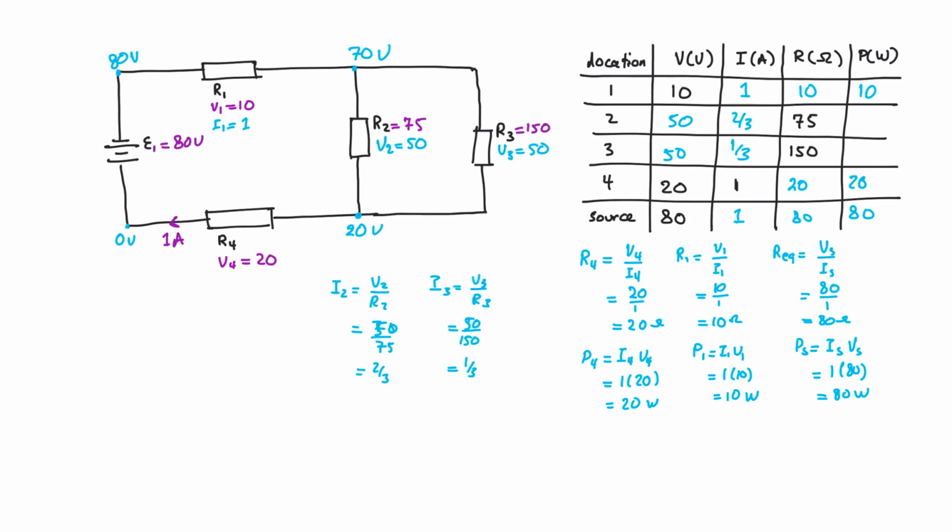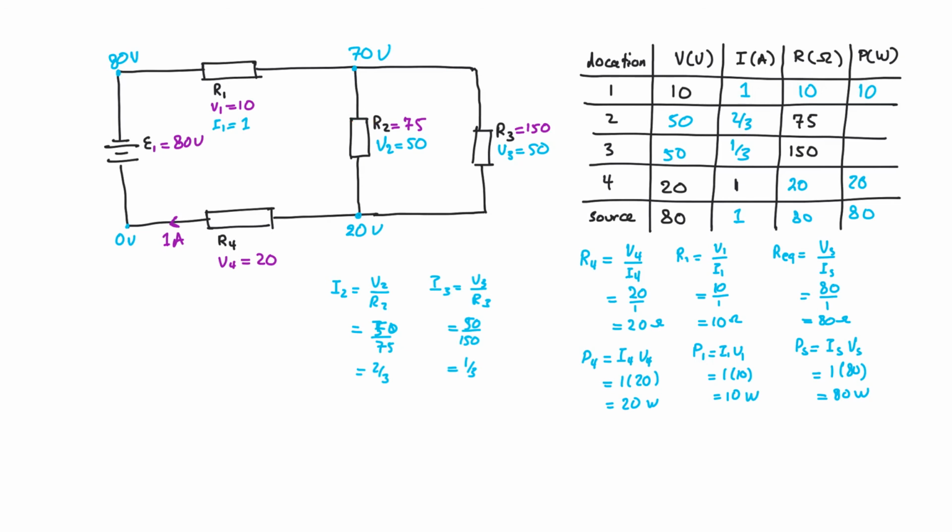I'm going to check and make sure everything works out here. 1 amp is coming up here. Electrons are going to try their best to go through the path of less resistance. We got 75 here and 150 here, so most of them are going to go through here, and some of them are going to go here. So 2/3 here and 1/3 here. It makes sense.